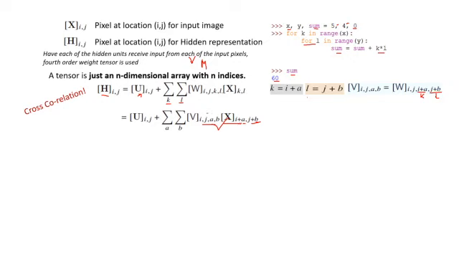Till now, say we are considering a 1 megapixel image. This is going to have 10 to the power 6 inputs, and there are 10 to the power 6 hidden dimensions too. So the number of parameters needed in this case will be 10 to the power 12.